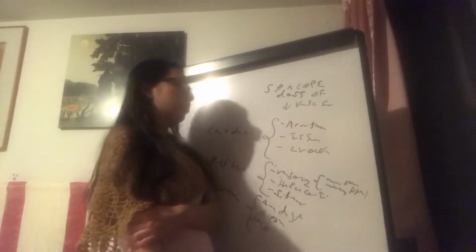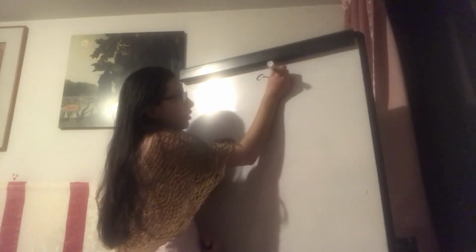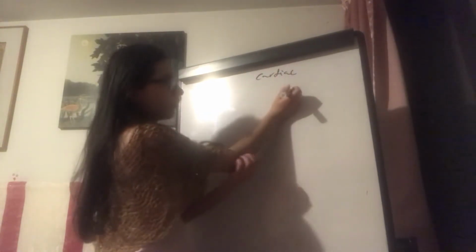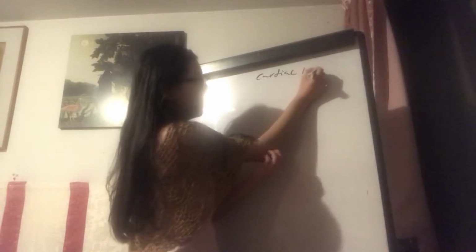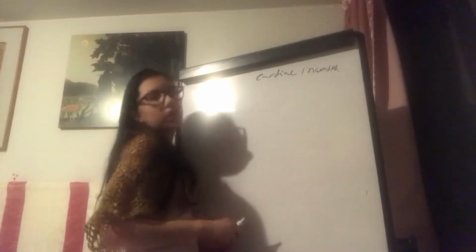Alright, so this was a way to divide. Now in the clinical way for the management of the patient, we can divide as cardiac or neurological. So the first step is to see if there is syncope or not.